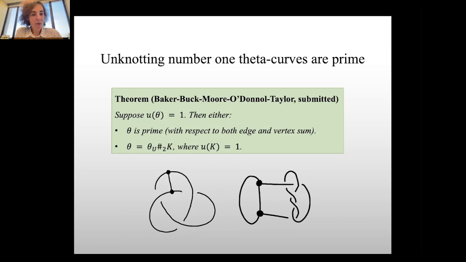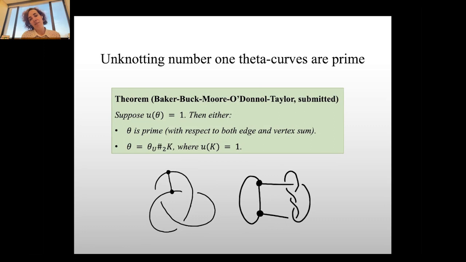And by prime, we just need to be a little bit careful because we have the 2 types of connected sum. So really the statement is that if you have an unknotting number 1 theta curve, then either theta is prime with respect to both the order 2 and order 3 connected sums, or there's a caveat: you could have the trivial theta curve, that's the unknotted theta, connected sum with any unknotting number 1 knot.